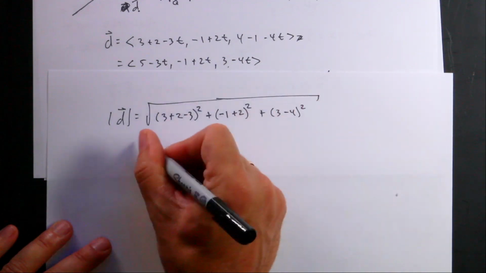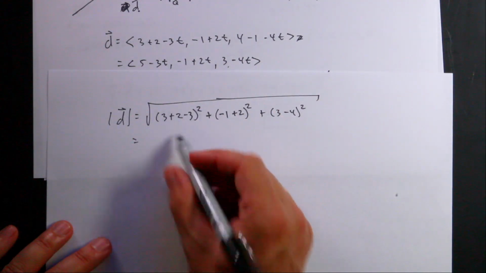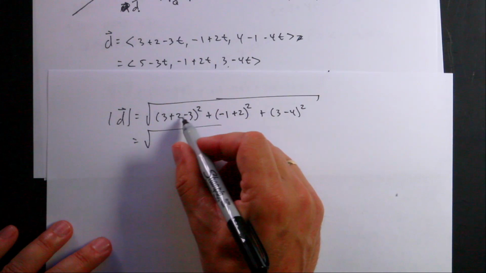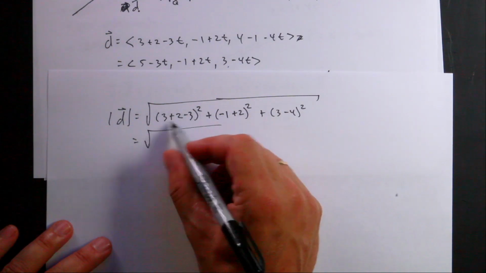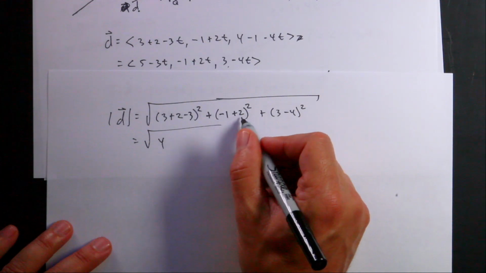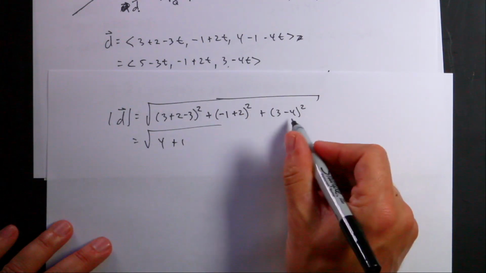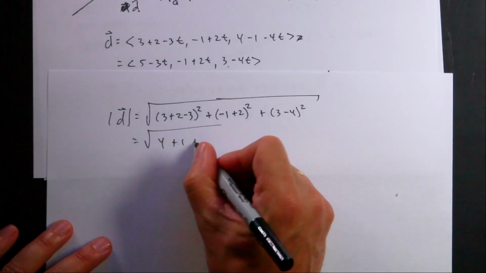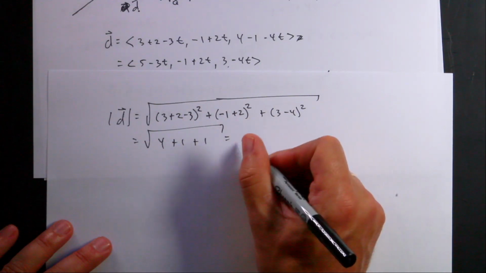So it's just a number. So it's going to be the square root of 5 minus 3 is 2, 2 squared is 4. This is going to be 1 squared. And this is going to be negative 1 squared. So I have the square root of 6.